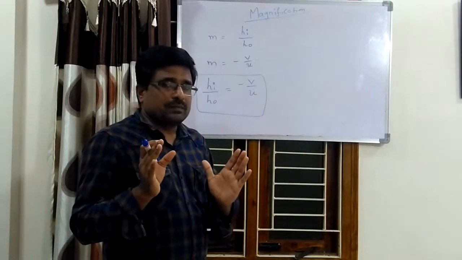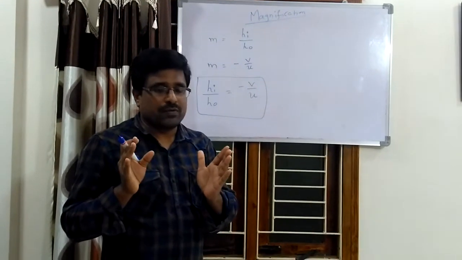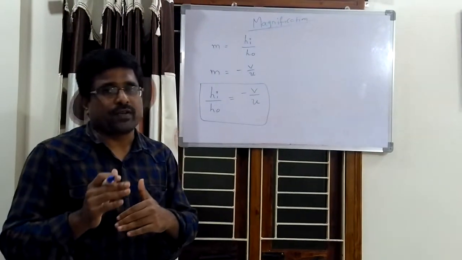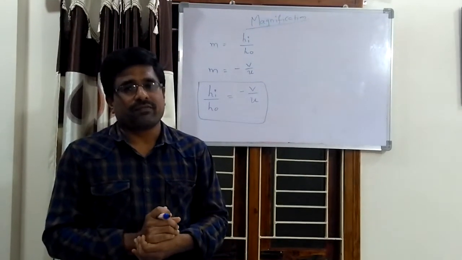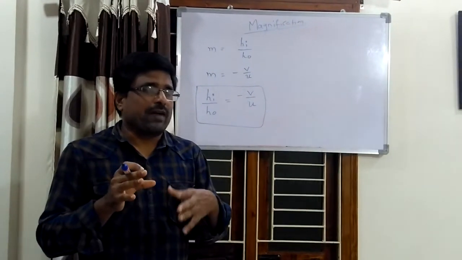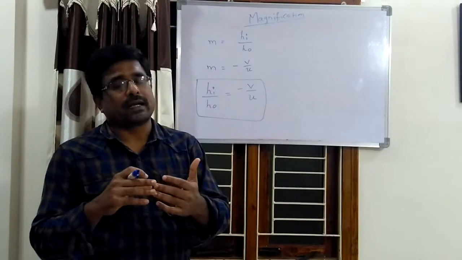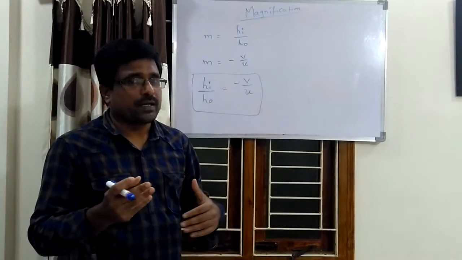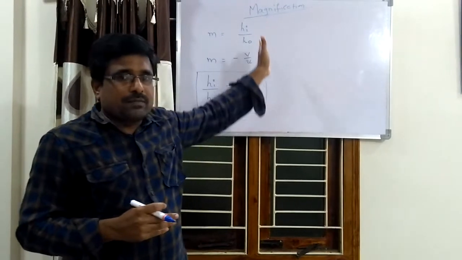For example, now I am going to draw a ray diagram of an object in front of a concave mirror. How does the magnification value behave when it is 1, when it is below 1 and when it is greater than 1? Here I can draw some ray diagrams.